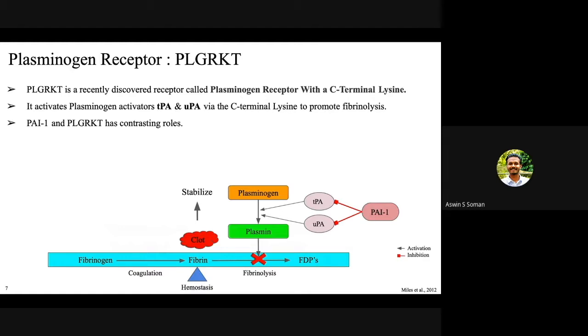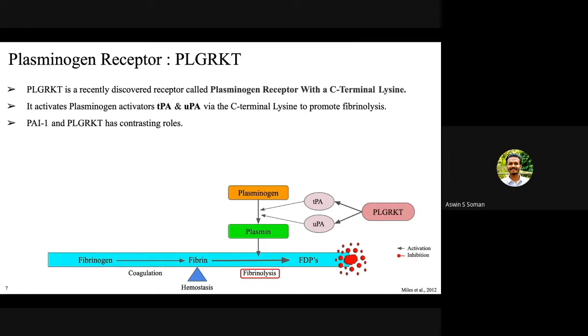PAI1 promotes clot stabilization by blocking the fibrinolysis, and PLGRKT promotes fibrinolysis by activating the plasminogen activators. Both receptors are required to maintain hemostasis.